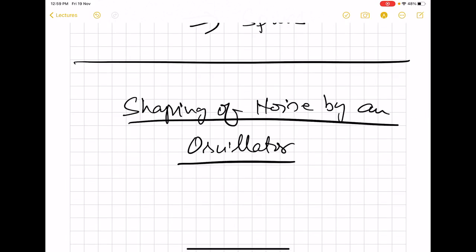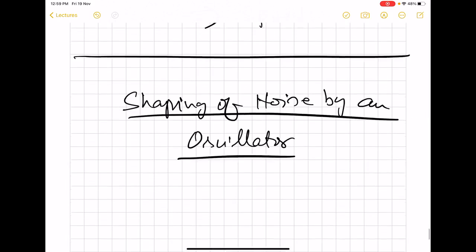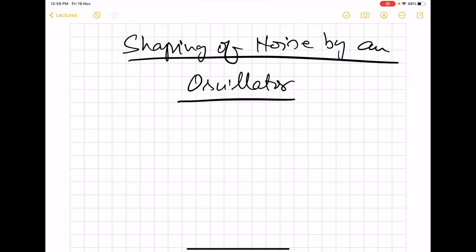Keep in mind that the PLL and frequency synthesizer basically contain this VCO. So this one has some relation with the consequence of the noise in the PLL also.